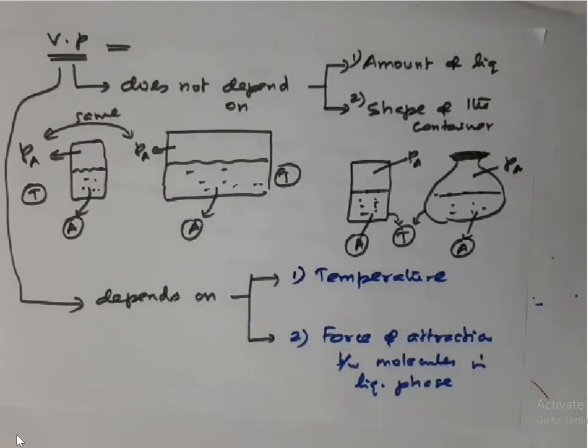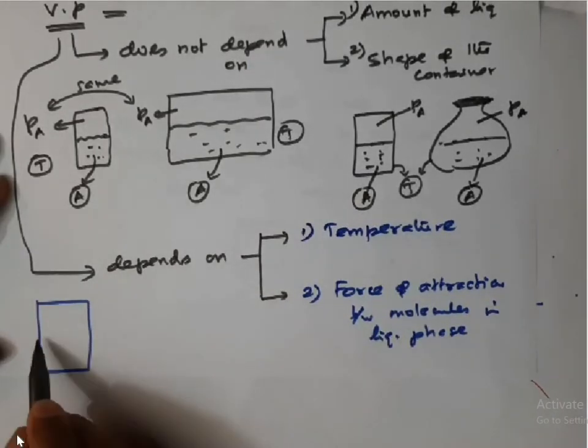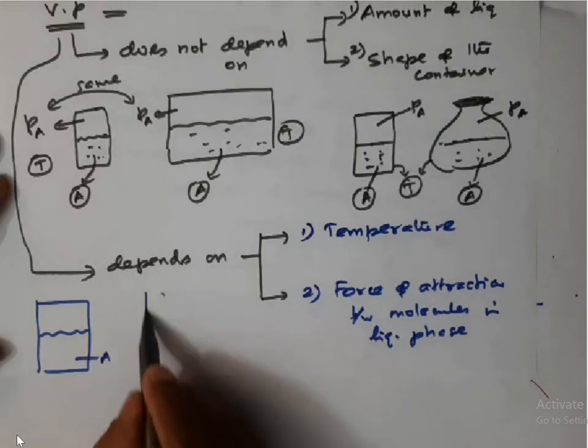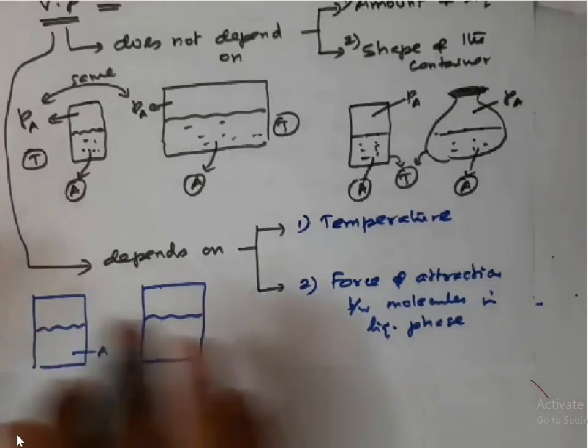Students, observe carefully. Suppose I take two liquids A and B. This is liquid A. I take another liquid B here. My containers are the same shape, same size.